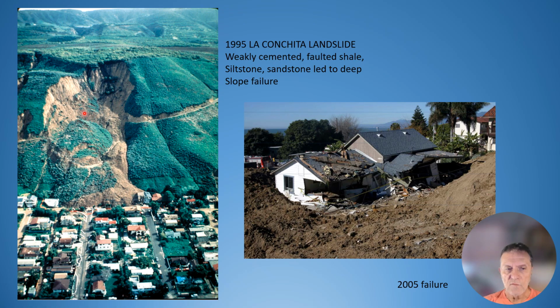So in 1995, this failure occurred, this landslide occurred and buried some homes. In 2005, the same thing happened. After the 1995 event, some walls were put up, hopefully would stop any further damage. Didn't work. In 2005, the walls were overtopped and overwhelmed, and some people died, and some homes were destroyed.